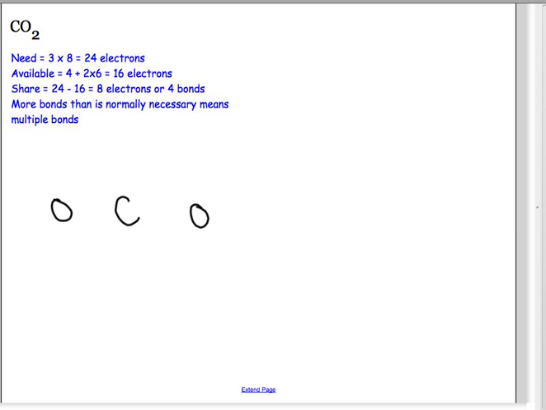Now we need to attach these. So we put one bond here and one bond here, and that's only 2 of our bonds. We indicated we needed 4. Now theoretically you could give one side a triple and one side a single, but again, that's not very likely, and eventually, like I said, we'll talk about formal charge and it doesn't work out. So you usually try and do things that are even. So what we end up doing to give these guys 4 bonds is we give 2 between each one.